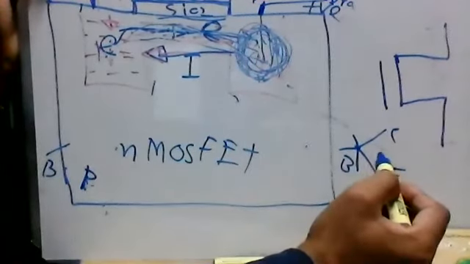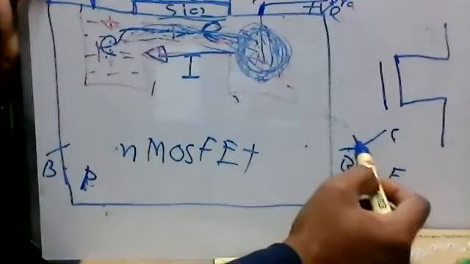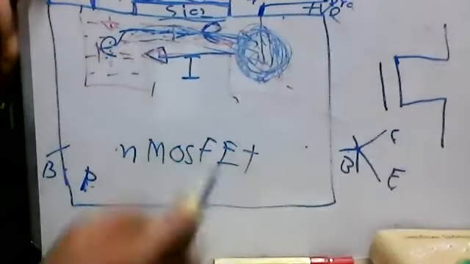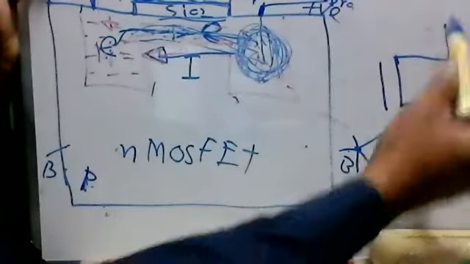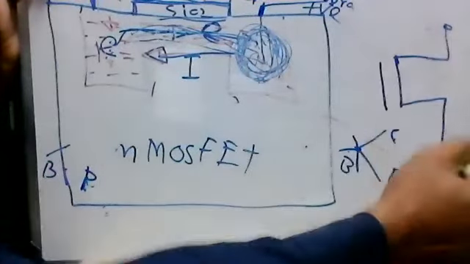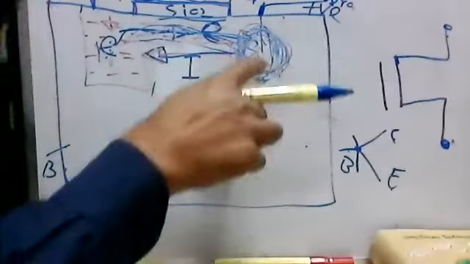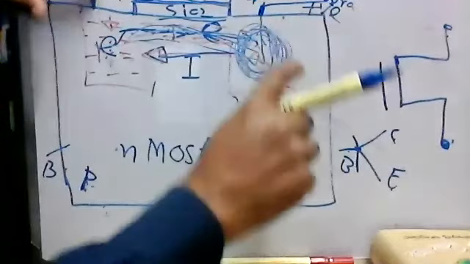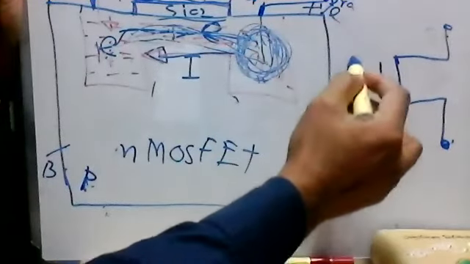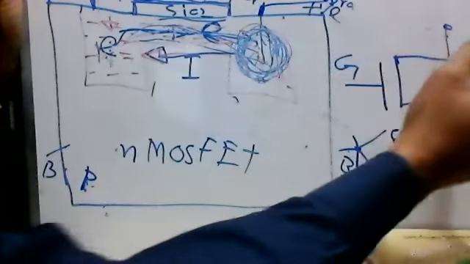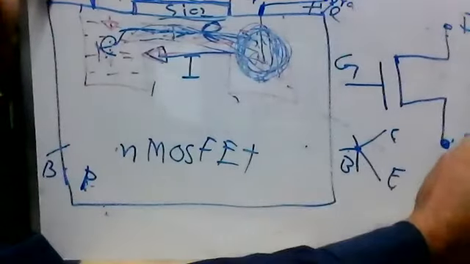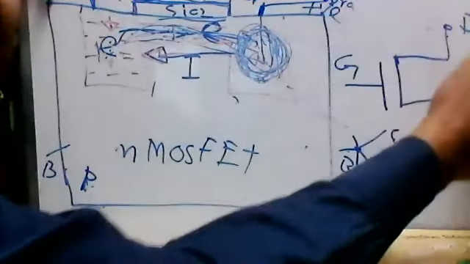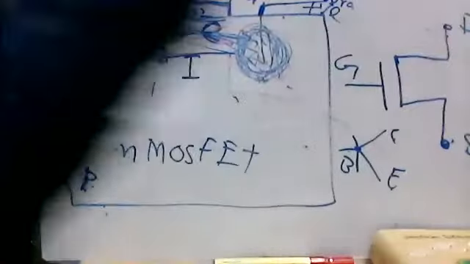And we know in a BJT, the collector, base, and emitter are all electrically connected. But here, these two terminals are one drain and one source, and this one is the gate. This is called the gate, we call this a drain, and this a source. We can consider this one source also. You can call this one source and this one drain, right?